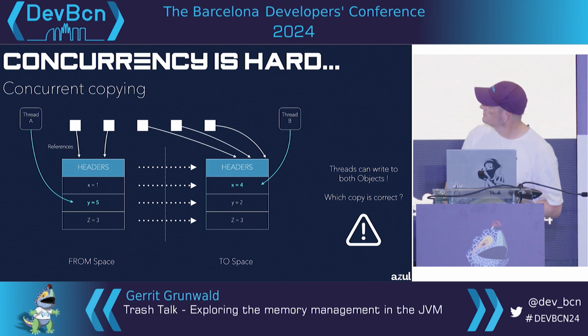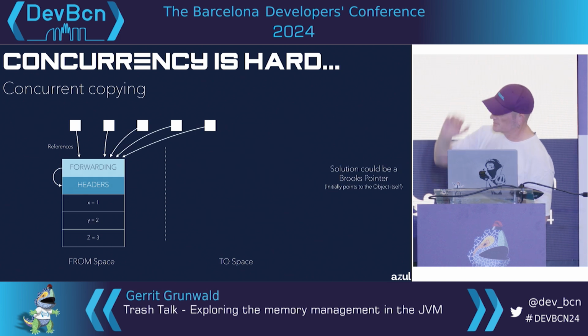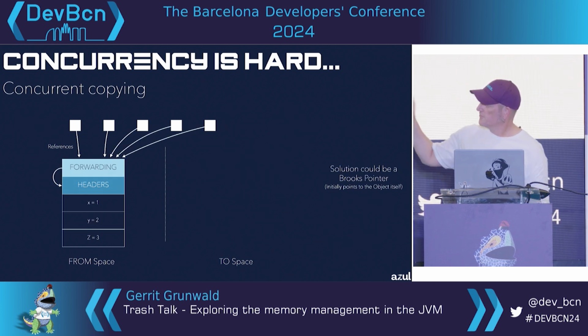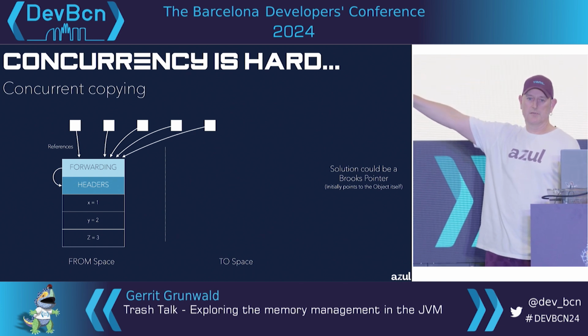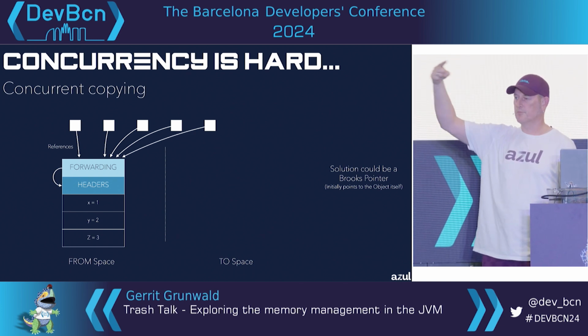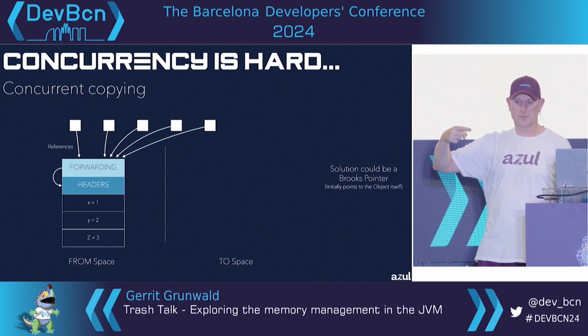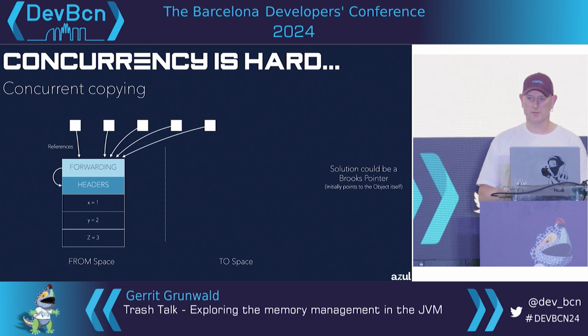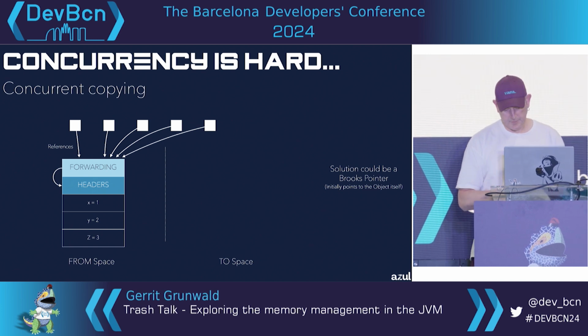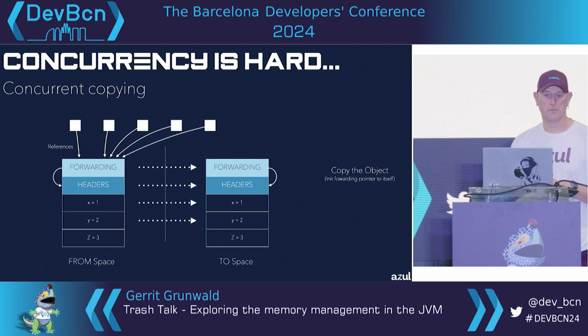So this is, oh, it's not here? There it is. So instead, before we do the copy stuff, we install a forwarding pointer in the original object, and the pointer points to the object itself. That sounds, in the first step, a little bit silly. Why would you do that? Right? Because it doesn't really help. It helps us exactly now.